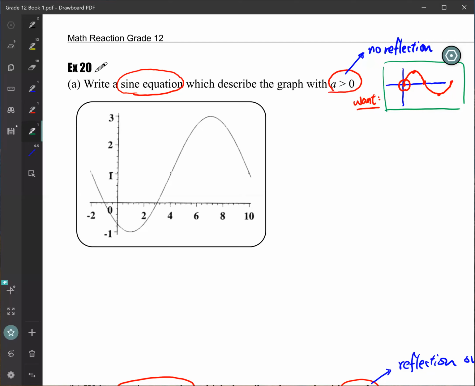Okay, so once you found a new origin, can you please raise your hand? So right now, draw two lines. One is the new axis, new x-axis, the middle line, and then the new y-axis, the new location. Because this graph that they give you has been moved, right?